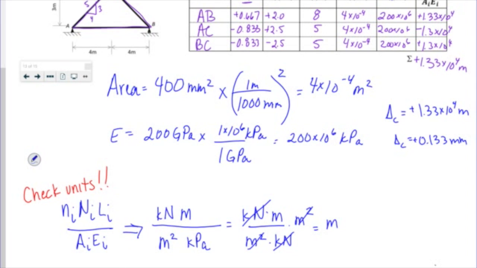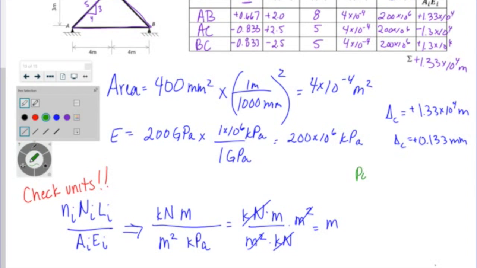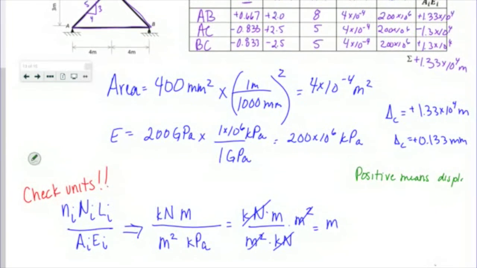Next question is, what about that plus sign? Why is it positive? What does that mean? That means my displacement, delta C, is in the same direction as my applied unit load.